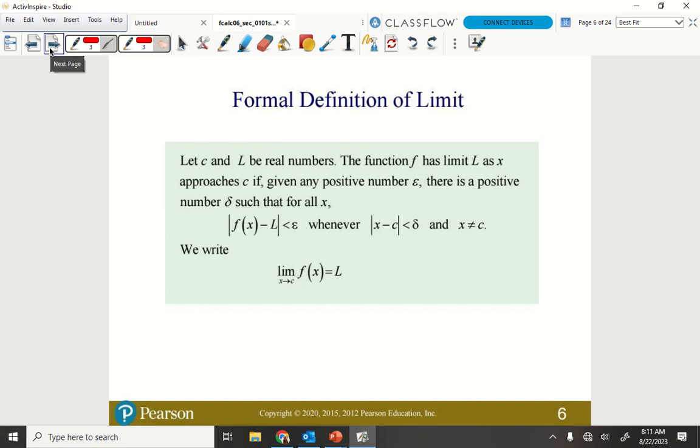All right. Formal definition of a limit. Let c and L, L being capital, refers to the limit, be real numbers.